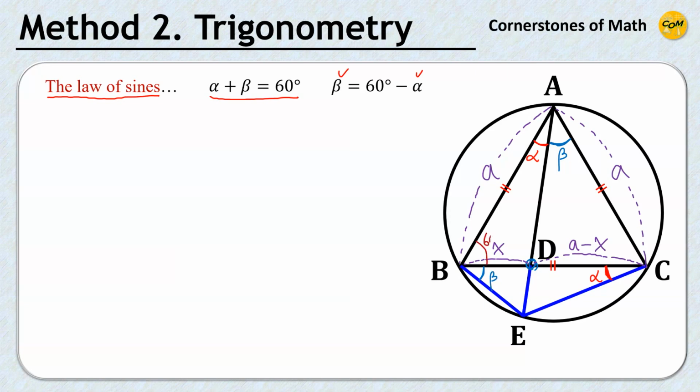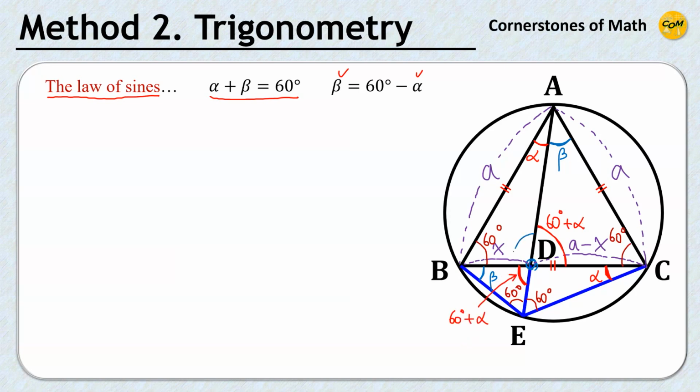Moreover, we have 60 degrees here and 60 degrees here. So also by the inscribed angle theorem, this angle is also 60 degrees and this angle is also 60 degrees. Then as for this angle BDE and also this angle ADC, by the exterior angle theorem, these angles are equal to 60 degrees plus alpha.